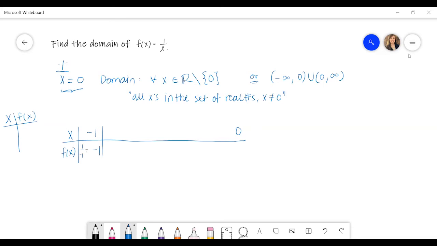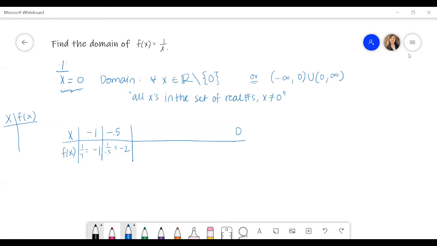What about -0.5? If I say 1 divided by -0.5, throw it on a calculator to verify this, you actually get -2. It's because we're essentially dividing by a fraction, so you flip and multiply by the reciprocal.